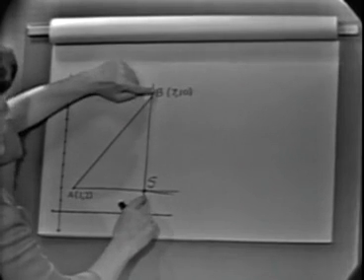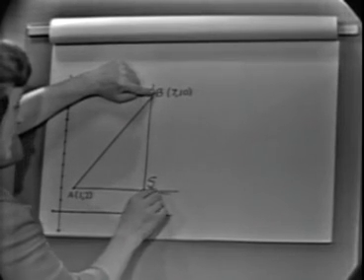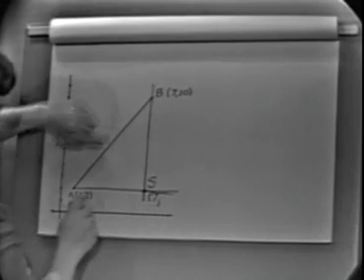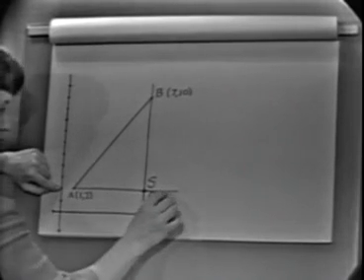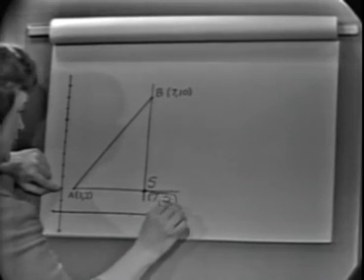It's on the same vertical as B, so the first is 7. And the same horizontal as A, the second is 2.